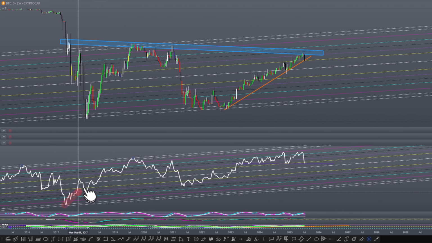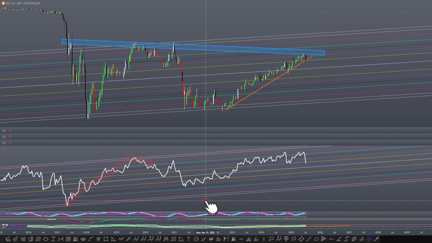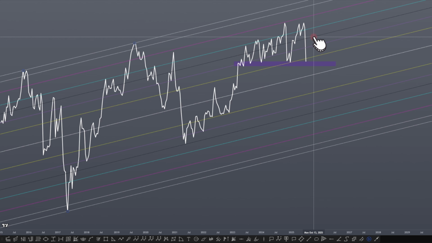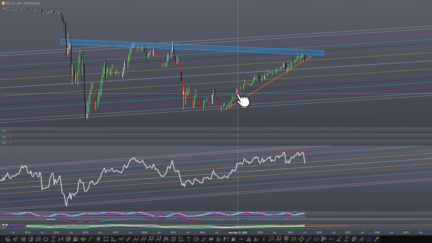Here we see another inside pitchfork drawn on the RSI, from this high to the low to high, and we can see that the RSI has been fizzling out. It's a little bit more apparent on the weekly. For the first time, we've seen a form of an exaggerated bearish divergence on the 2-weekly RSI, going all the way back to around March of 2023, leading up to around December 2024.